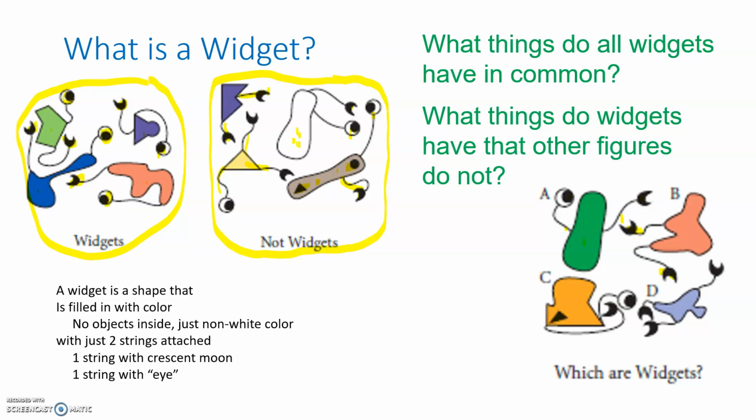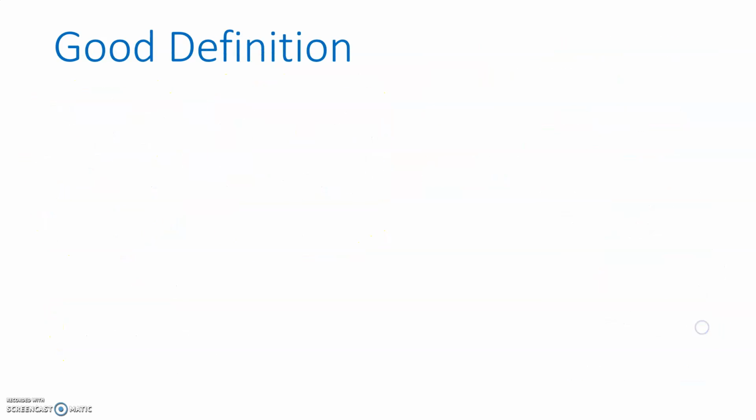So what we were doing is saying, okay, what do we have here? We have a shape, and how is this shape different from all other shapes? These are all the characteristics that it has that make a widget different than all other kinds of non-widgets. So a good definition says what it is and you put it into a category.